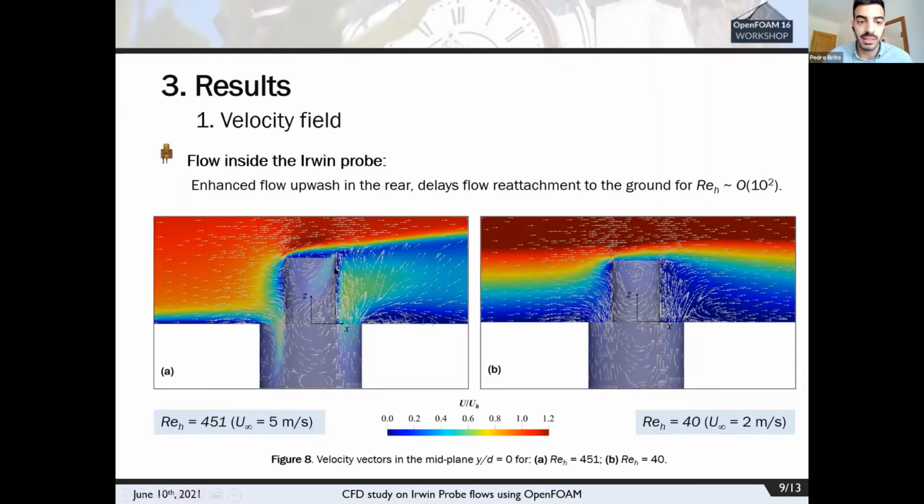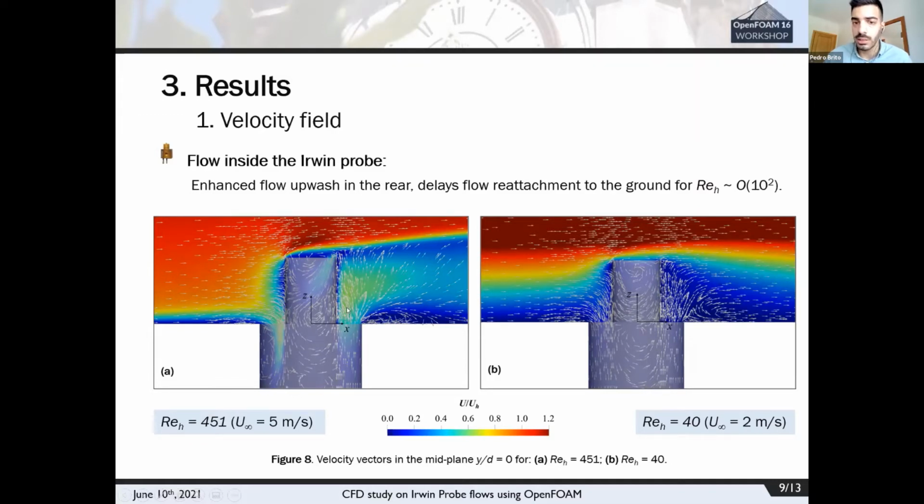We believe that this dynamic is most likely due to the pressure buildup in the front and the pressure deficit behind the protrusion. And we also see a marked difference between these two states, where this Reynolds number is more than 10 times greater: the reattachment occurs much later in figure A.